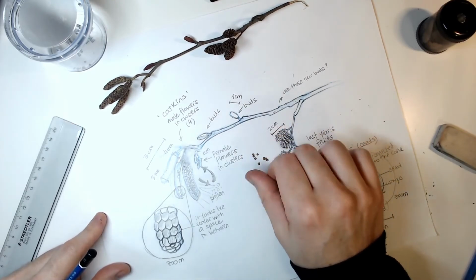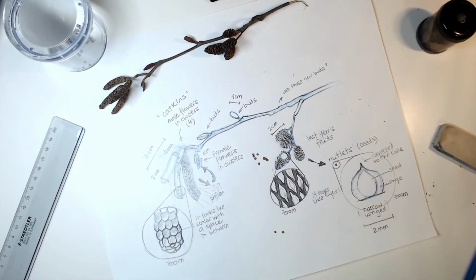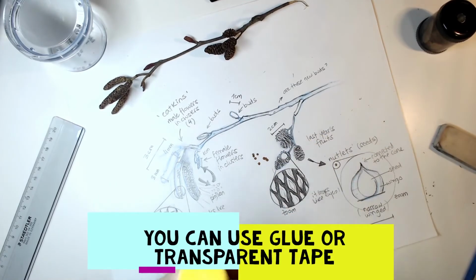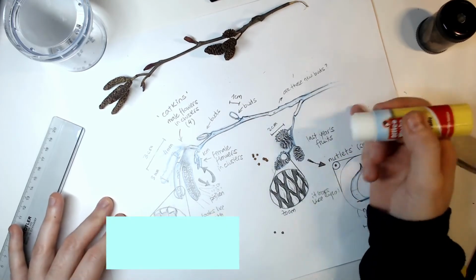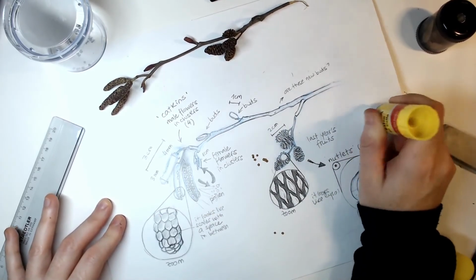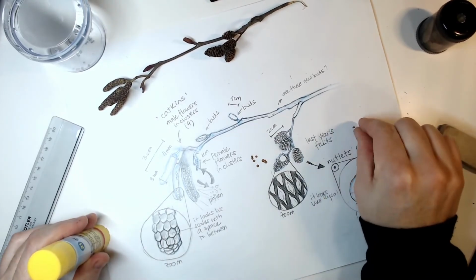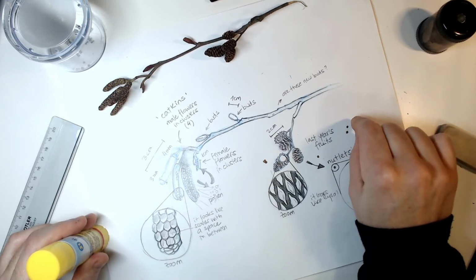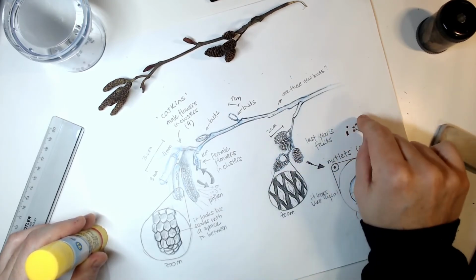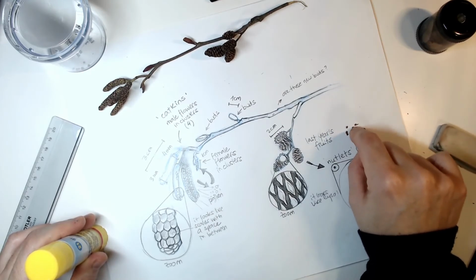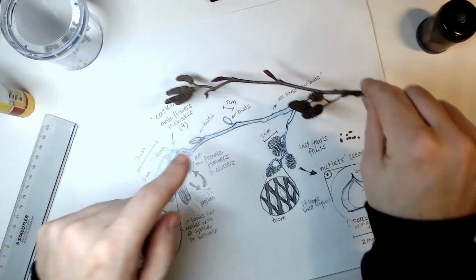You know what I'm going to do? I think I'm going to go and get some glue. I just had this idea right now. I'm going to put some glue here on the paper, and I'm going to drop all the seeds there. Hope that they are not all clustered, so they're separate enough.